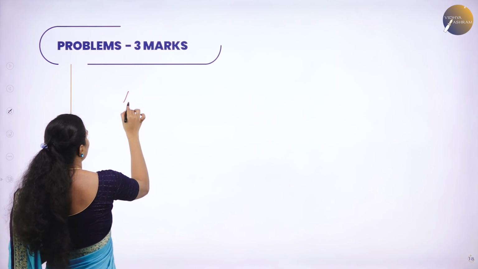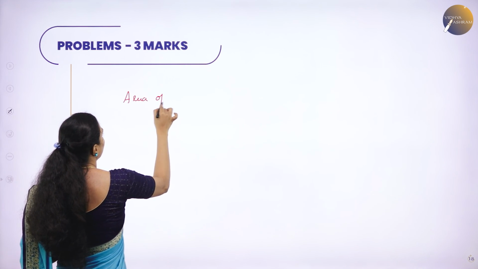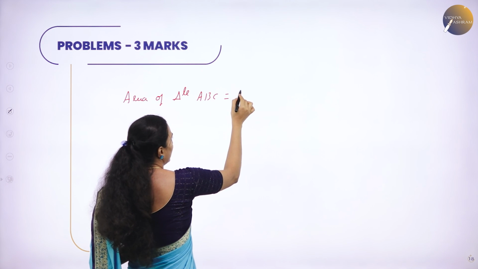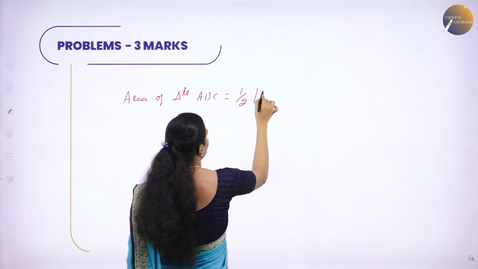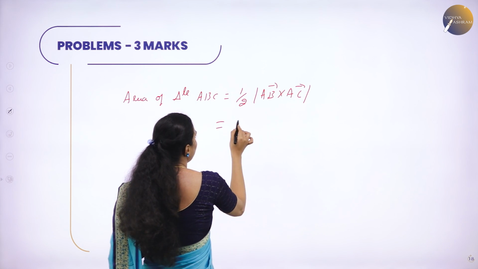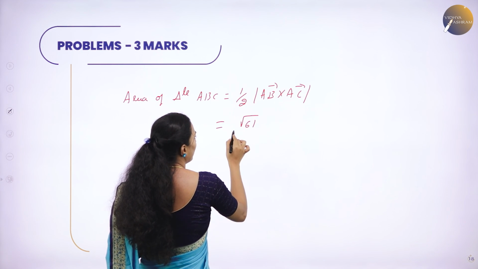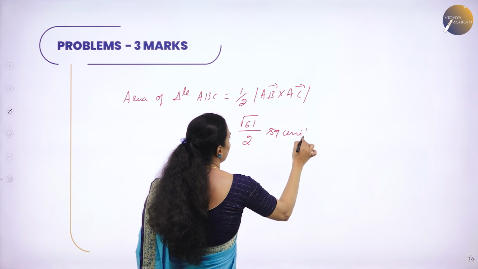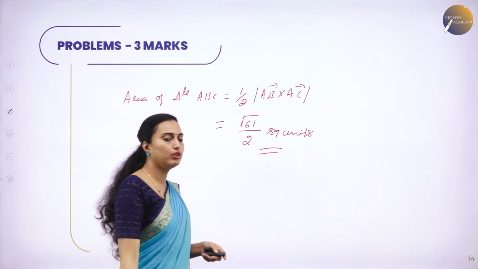So the area of triangle ABC is half into magnitude of AB vector cross AC vector, which we just found to be root 61, so the area is root 61 divided by 2 square units. That's it. So this is how you are going to find it.